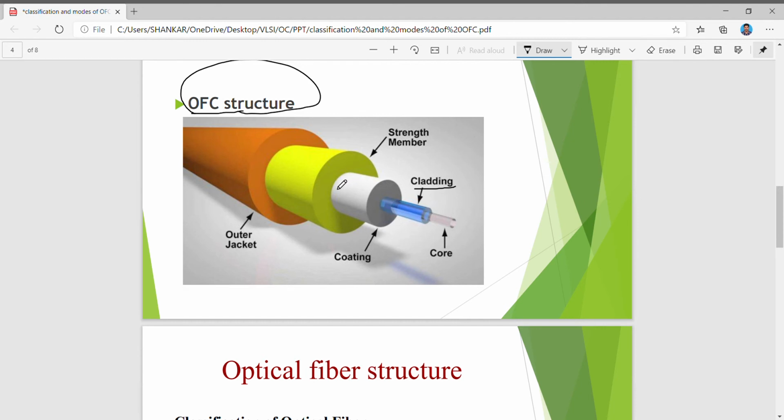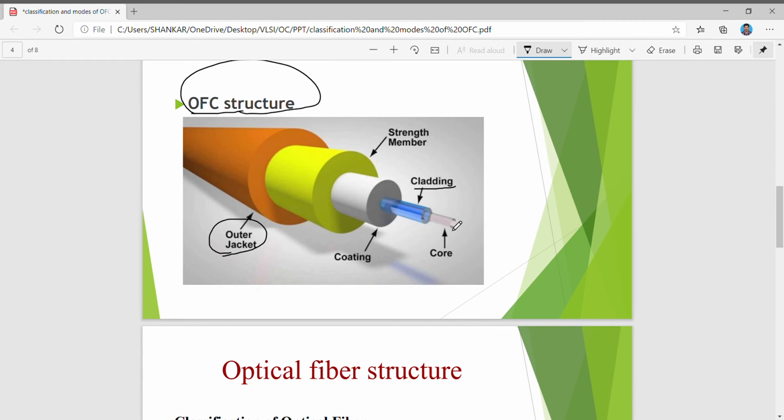The outermost material, which again surrounds it, is called the jacket. These materials help protect the core and cladding. This is the general structure of the optical fiber cable.